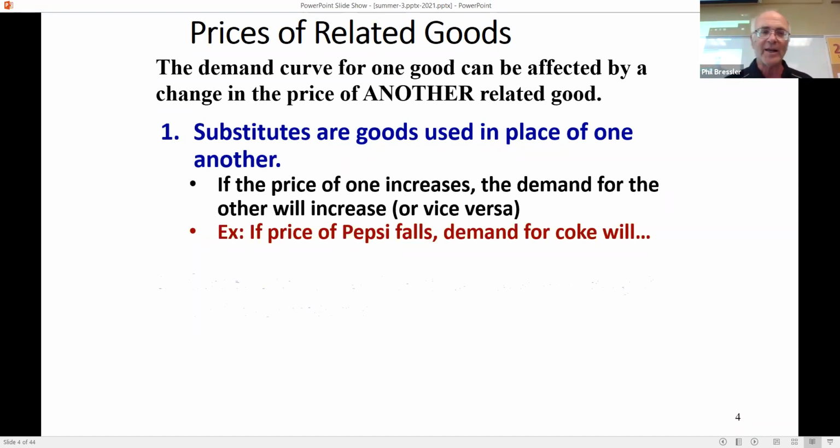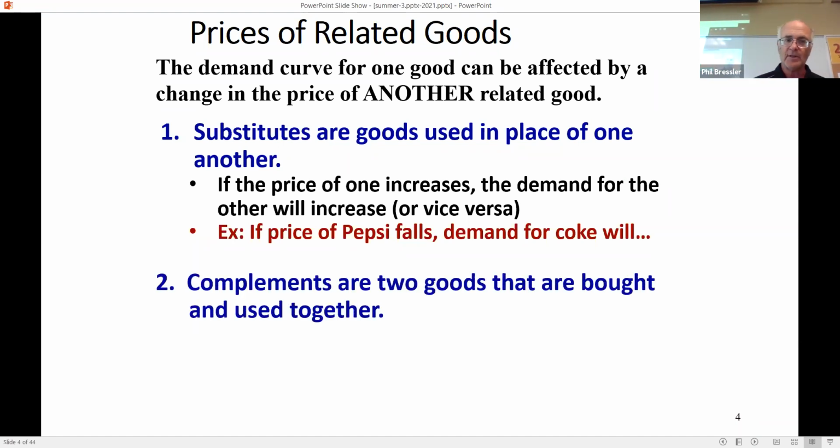The second one is what we call complements. Those are goods that are bought together. Think hot dogs and hot dog buns. Helmets, bicycles. Skis, ski boots.